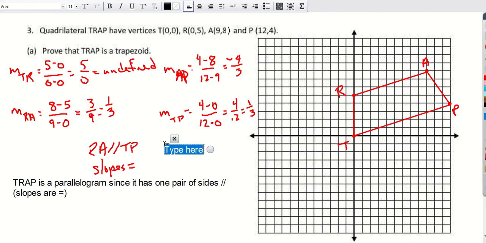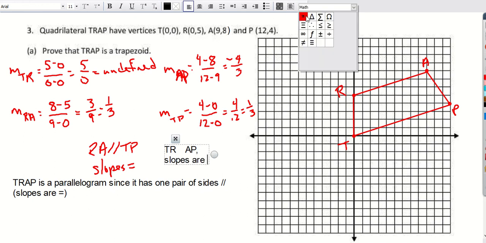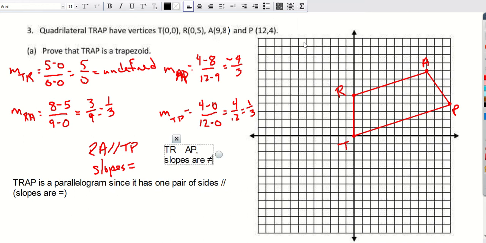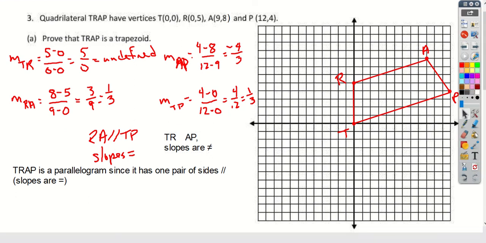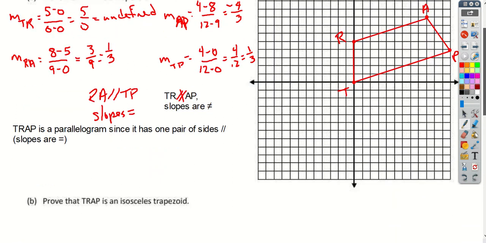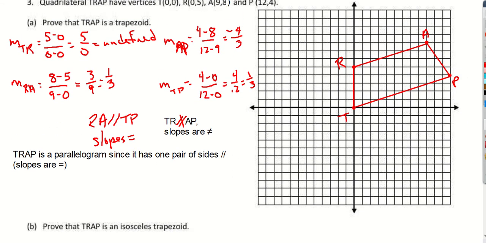All right, we could also say here that TR is not parallel to AP. Slopes are not equal. And I don't have the not parallel sign, so we have to do it by hand here, slash.